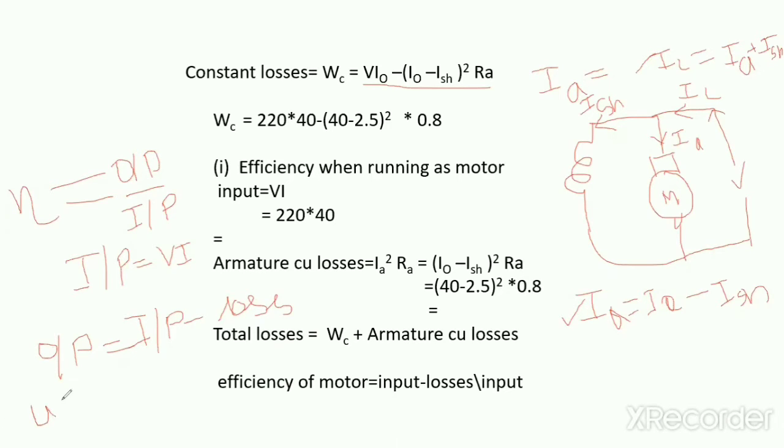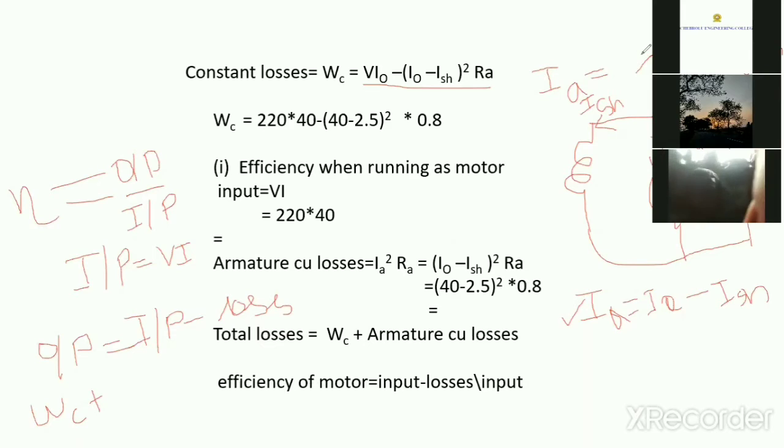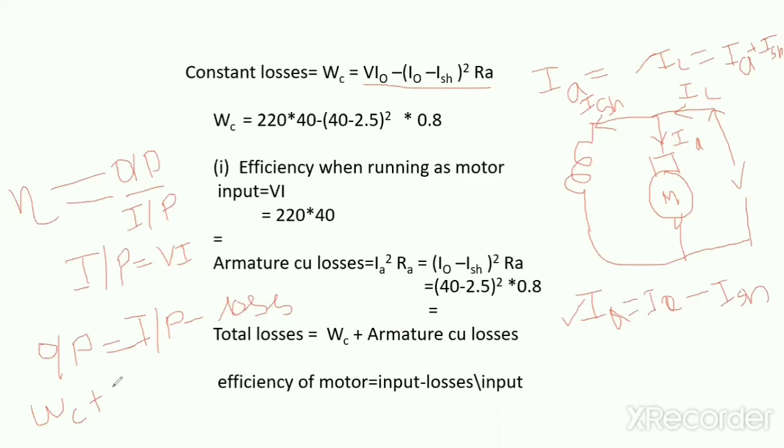Constant losses is WC, plus armature copper losses. What is the formula for armature copper losses? That is IA square into RA. This is the constant losses and this is the armature copper losses.